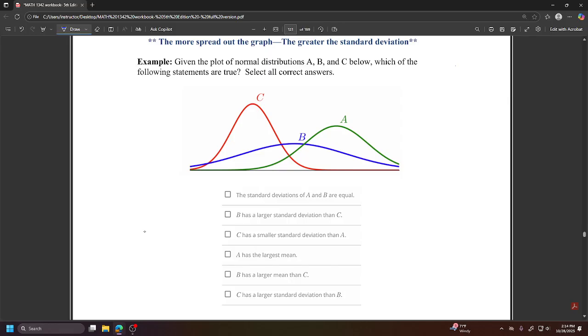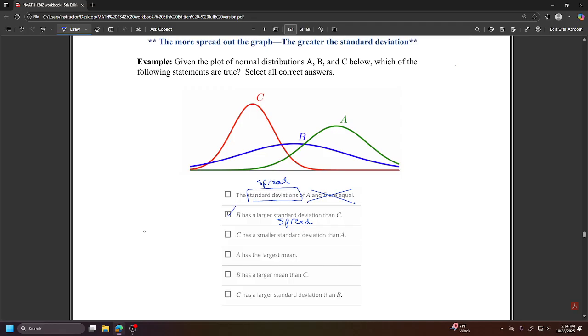So standard deviations, again, what they're trying to say here is spread. They're saying the spread of A and B are equal. Is that true? Are A and B spread out the exact same? No, so that's false. B has a larger spread than C. Is B spread out more than C?